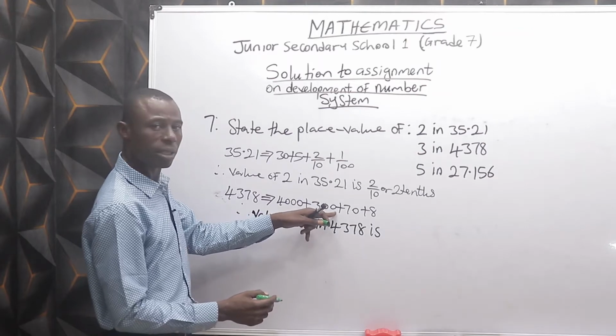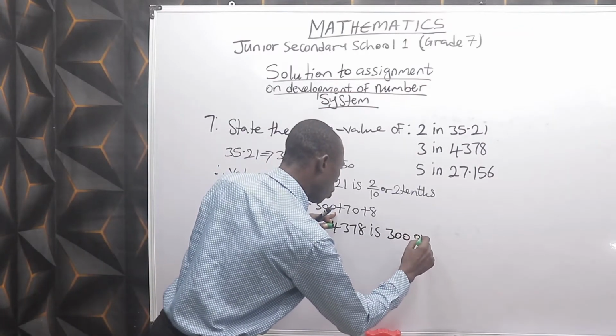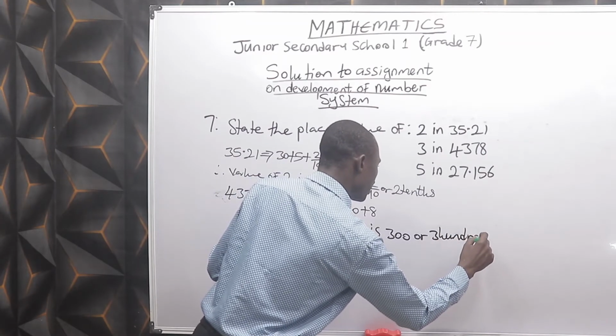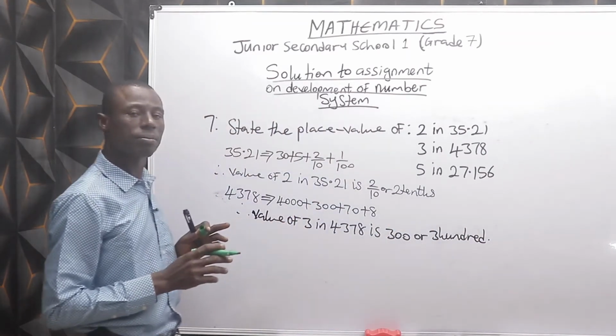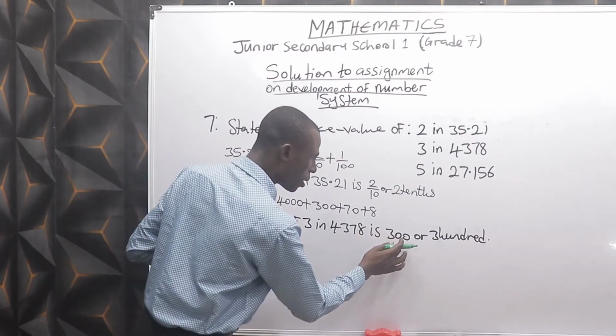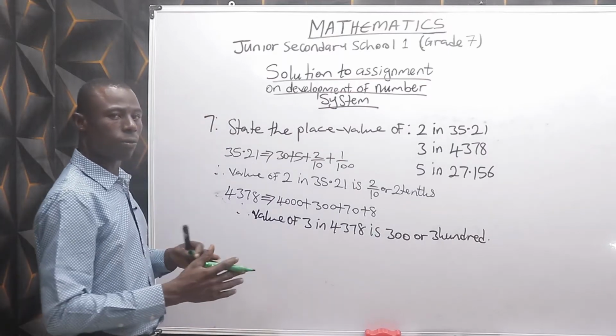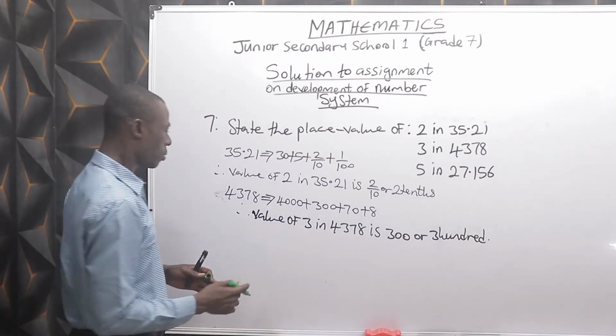What is the value of 3? It's 300. That's it. It could be written in figure like this, 300, or as a mixture of figure and word.